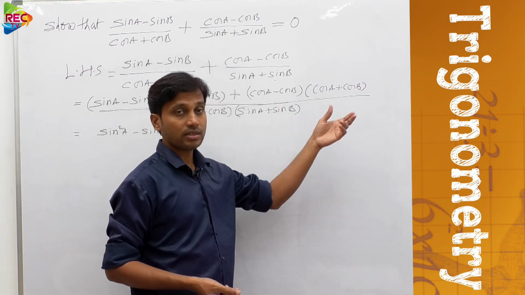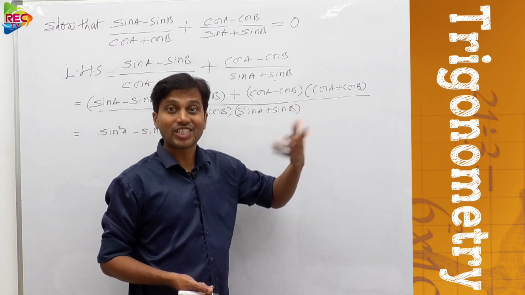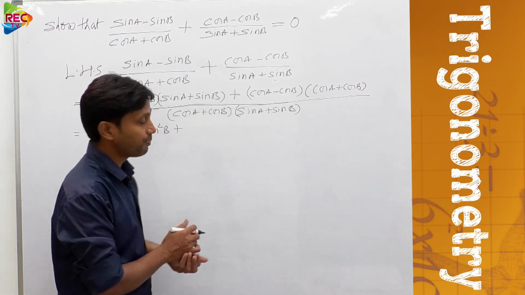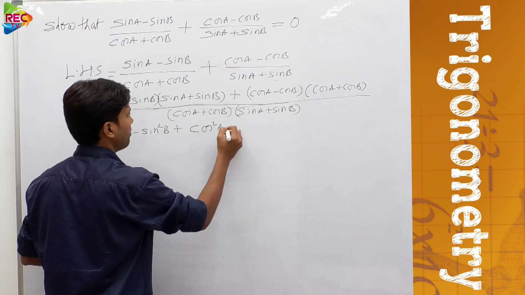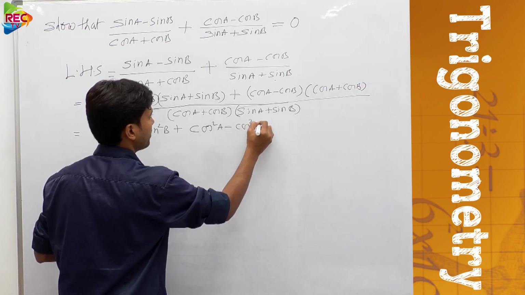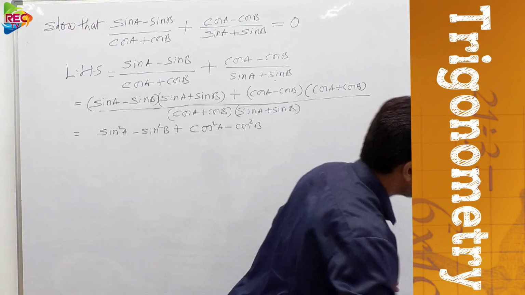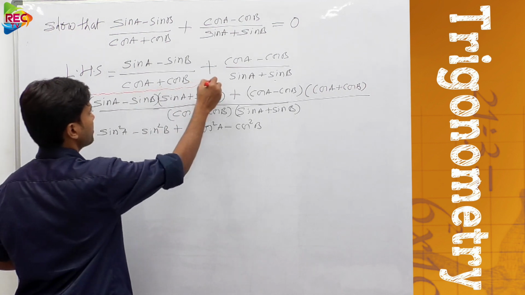How can we write this? Cos square A minus cos square B, or not? A minus B into A plus B is A square minus B square. So therefore cos square A minus cos square B. It is looking very lengthy, so let me separate these terms.